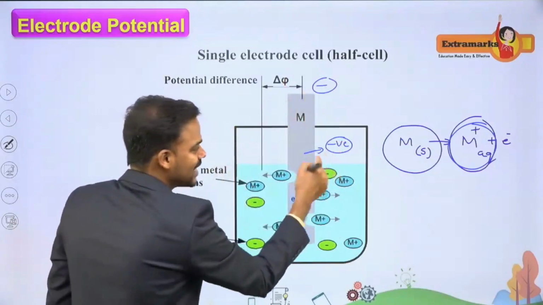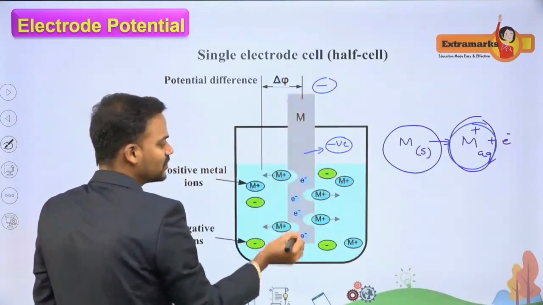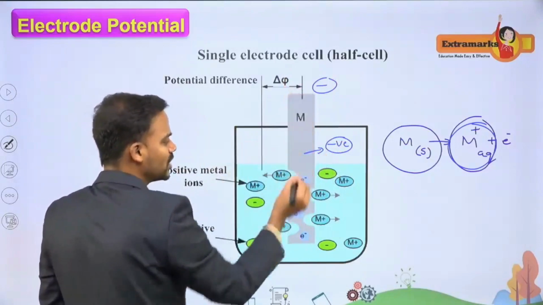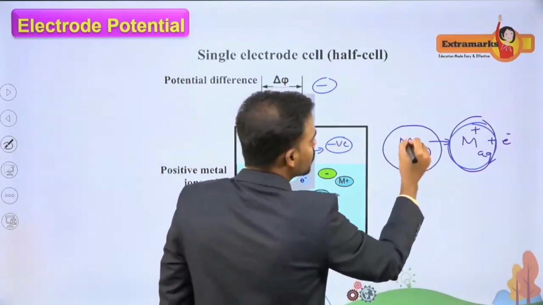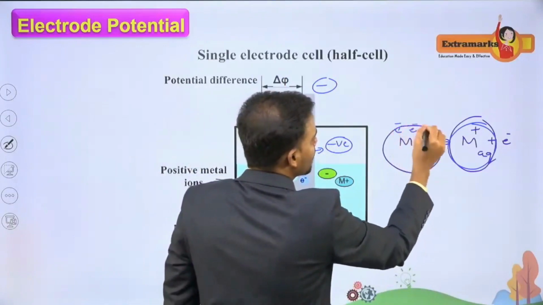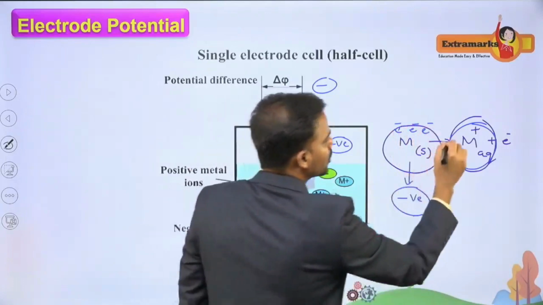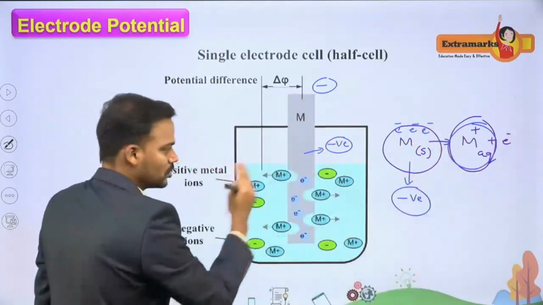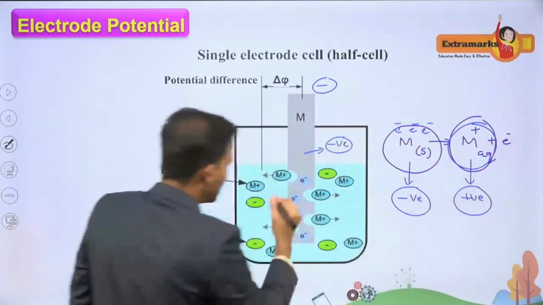Why is it negative? Because of the electrons over this electrode. And you have the metal ions in the aqueous solution, which is the positive part. So there is a potential.